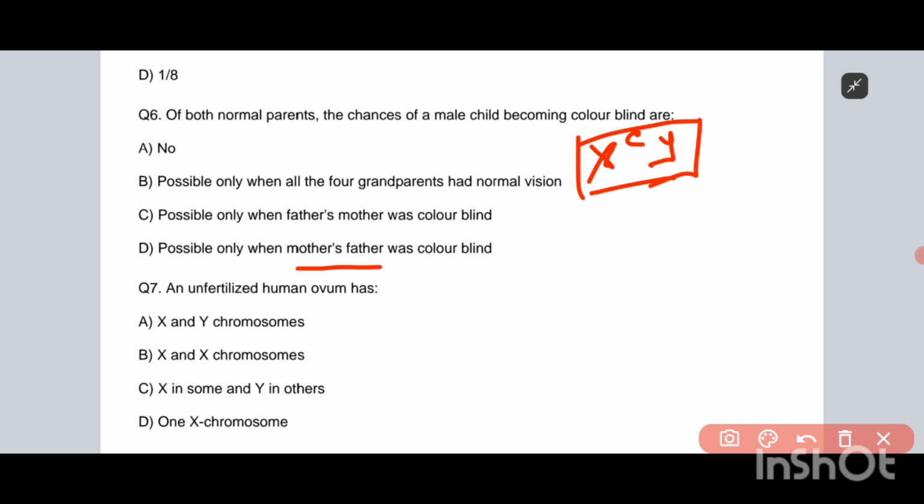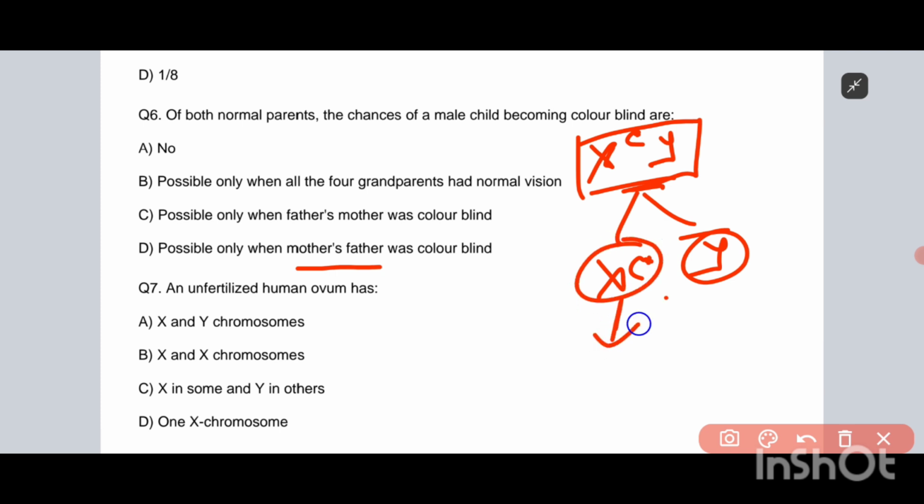he is in this diploid condition X^cY, and the gametes will become X^c and Y, and this X^c comes to his daughter, and his daughter will become X^C X^c.